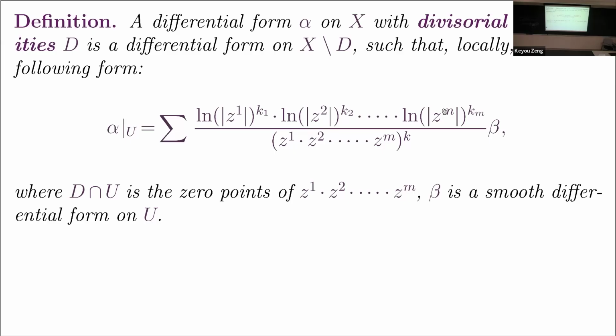Then we get the numerator. The powers k, k1, k2, km have no relation, so they are independent of each other. Here, B is just a smooth differential form. So that's the definition of differential forms with divisor singularities. Any questions?